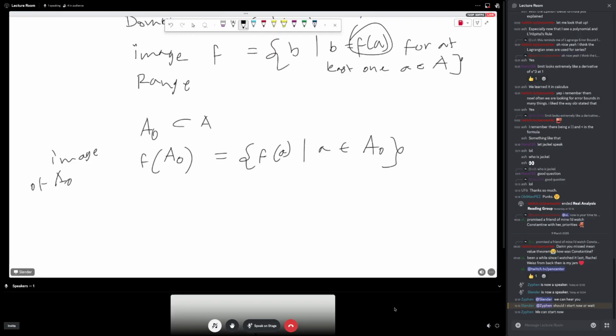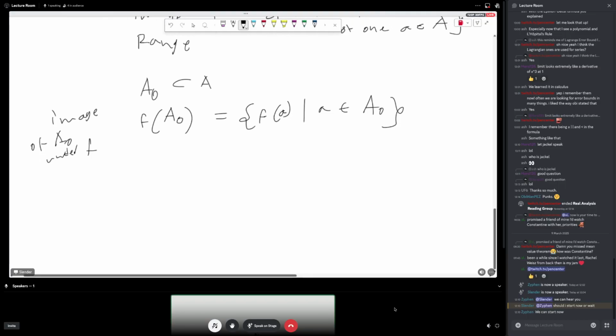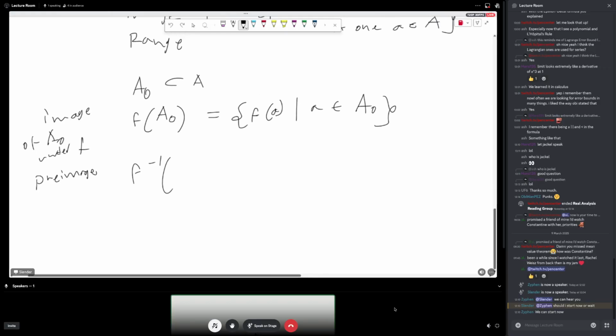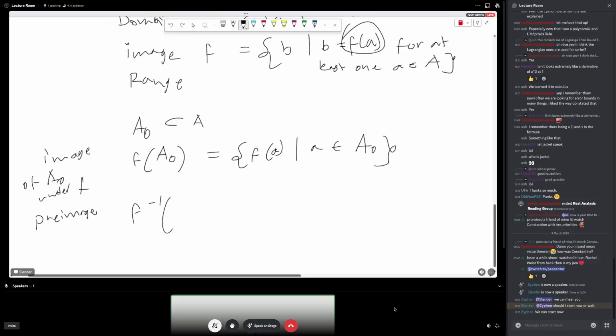That's the image of this set under f, and then we have the pre-image, or inverse image. It's like the inverse function, except we are working with a set. We want to reverse the image.